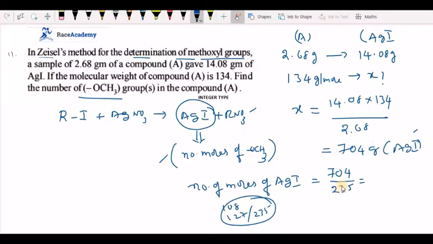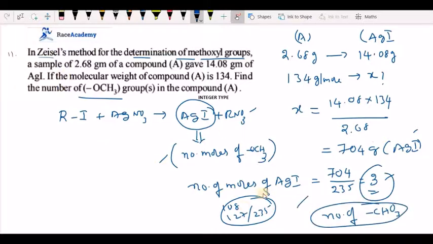What is the answer? I got 3 as the answer. So that means 3 is the number of methoxy groups present in the compound. Okay, this is the answer for this question.